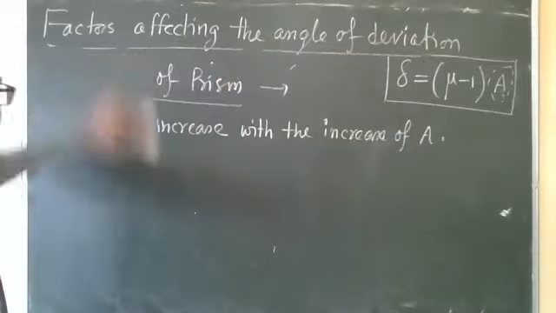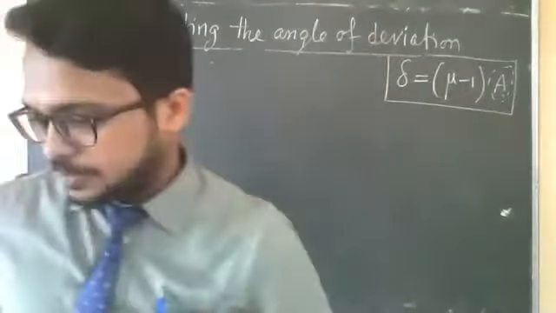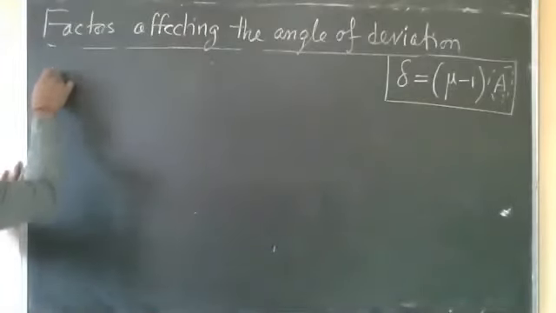Come to the fourth point. The fourth point is dependence of angle of deviation on color or wavelength of light.